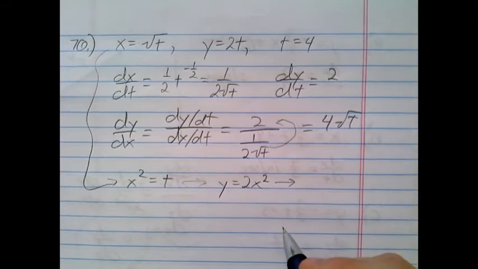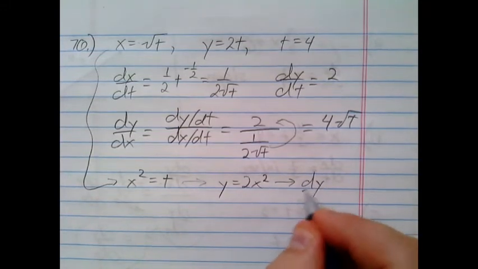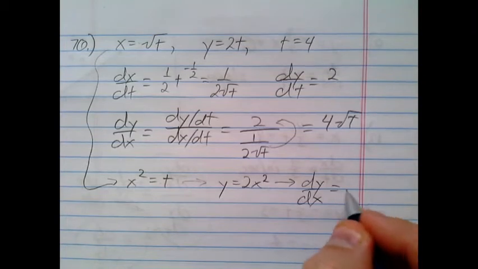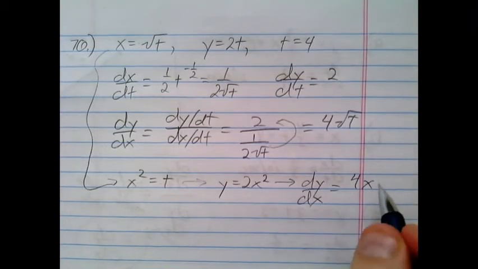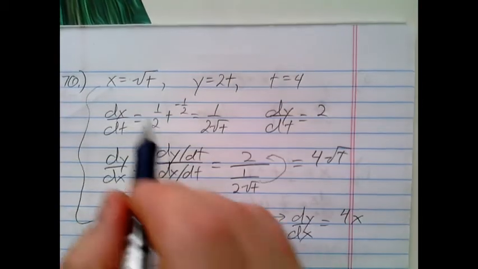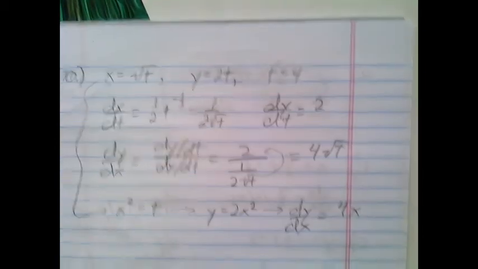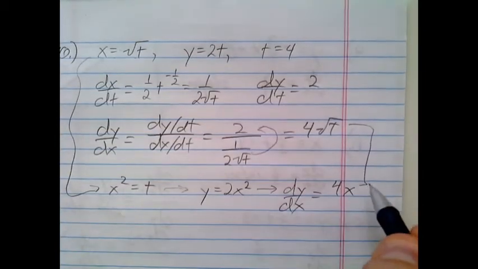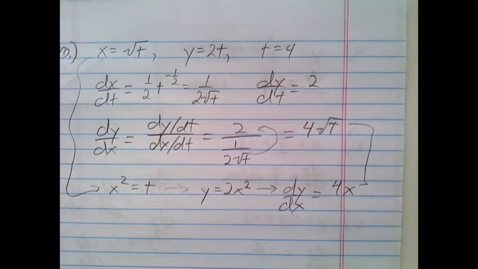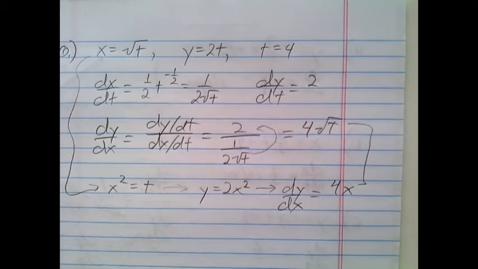And then if I take the derivative of that standard equation, that would give me dy/dx directly. That would give me 4x. Now keep in mind, x equals square root of t. So these two different formulas for dy/dx are really equivalent when you consider that x is equal to the square root of t. They're the same formula, but stated in different ways.